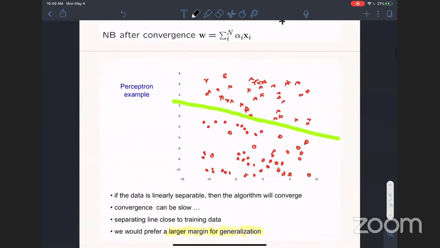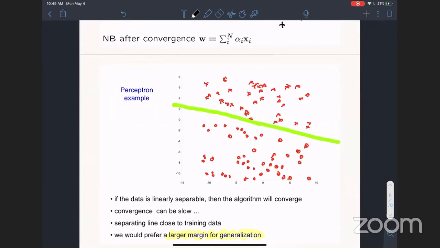As you can see here, there are plots of circles and crosses. The perceptron model can learn this classifier that we have on the screen. Now you can see that this classifier is closely cutting across some of these points. That means it's as tight as possible to the decision boundaries of these two sides, class 1 and class -1.